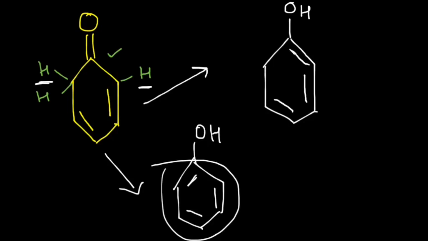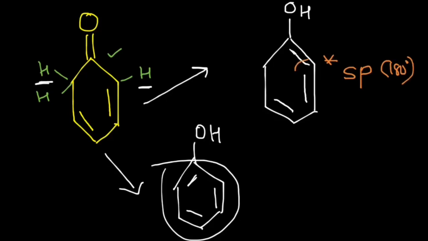Now everything is fine with this product except that it will not be formed. Why? To understand that, you need to take a look at this carbon atom. If I ask you to write the hybridization of this carbon, you will say that it has two double bonds and so the hybridization is sp, right, which should be at an angle of 180 degrees.